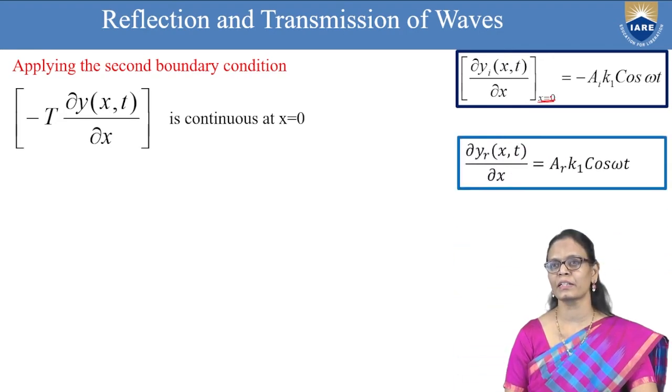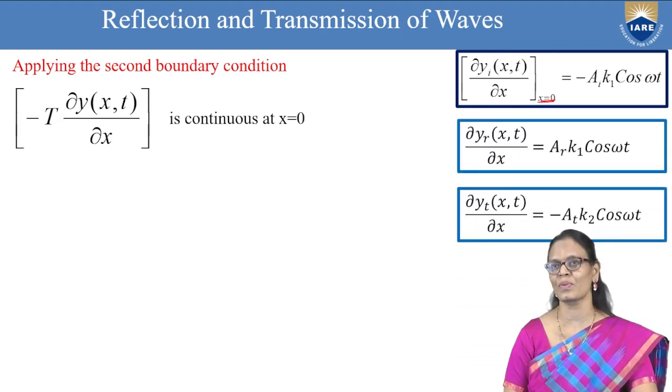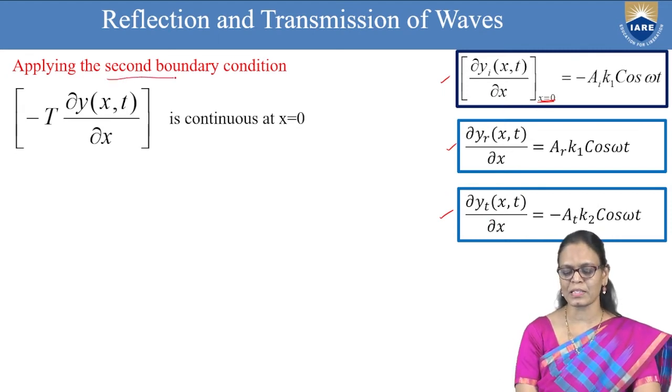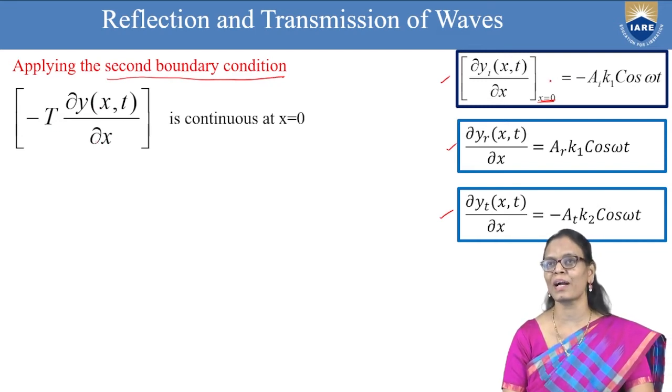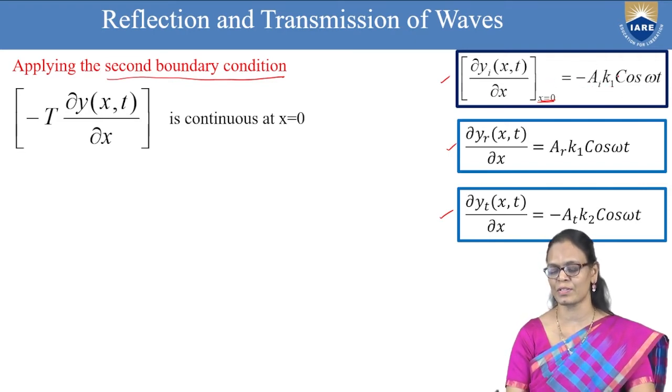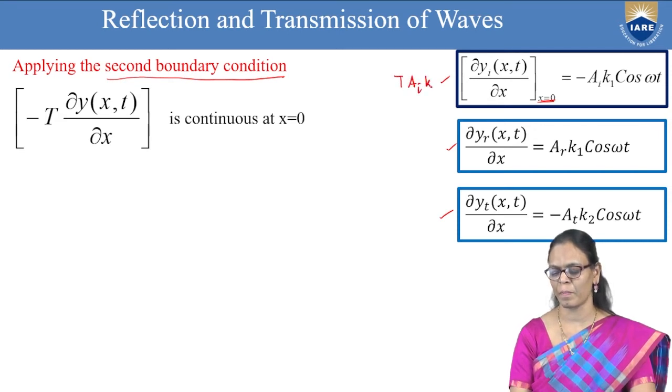So what we get here for all the three equations we are going to write. This is for the incident wave, for the reflected and for the transmitted. For all the three, we are going to apply the second boundary condition. So minus T into ∂y/∂x. When you have minus T into this, we get T Ai k1. So this will give us T Ai k1, of course the cos ωt is there.